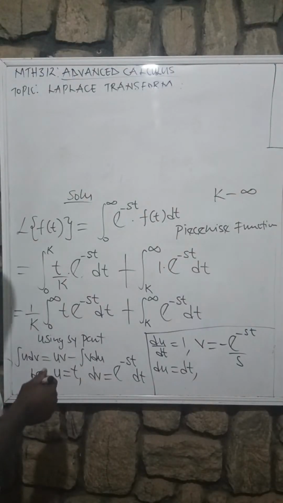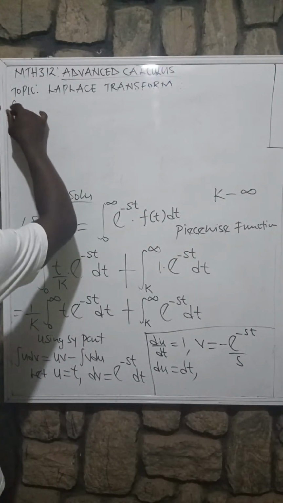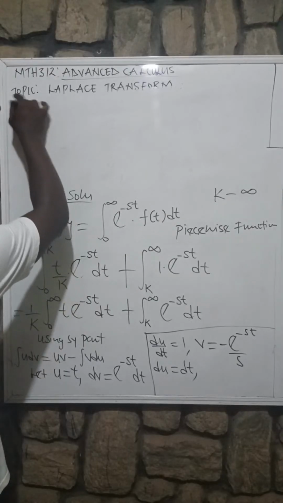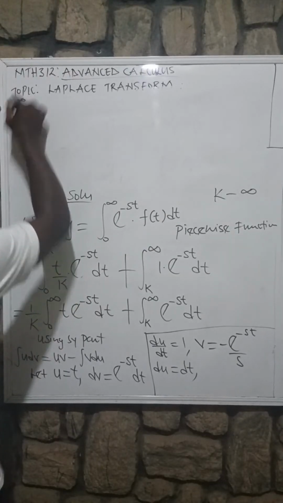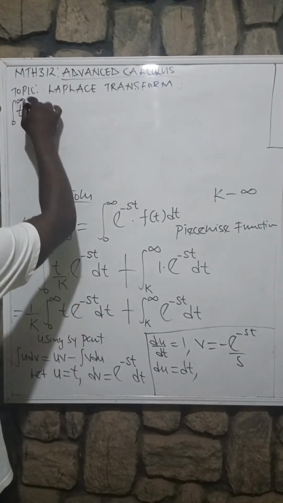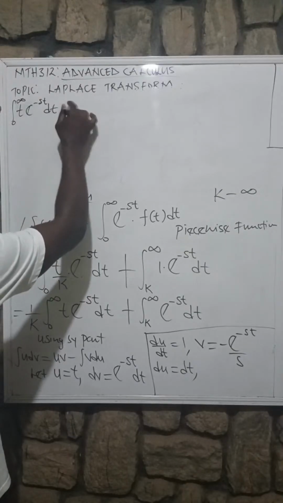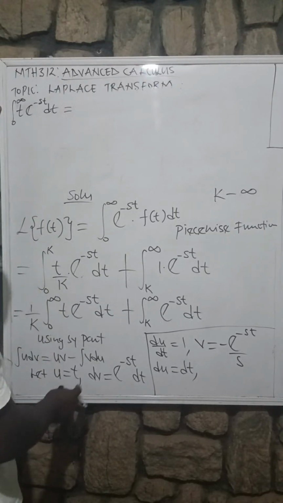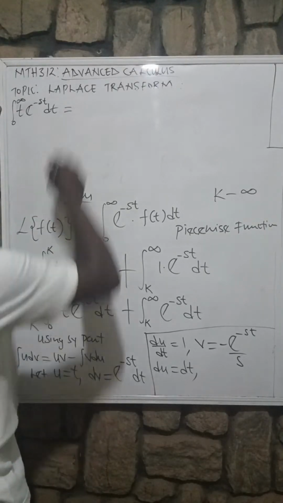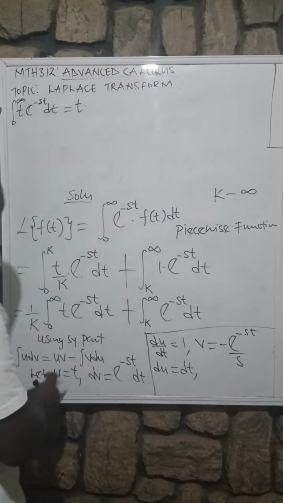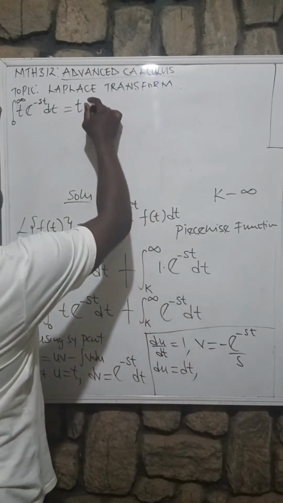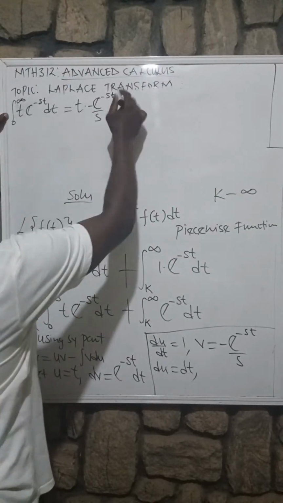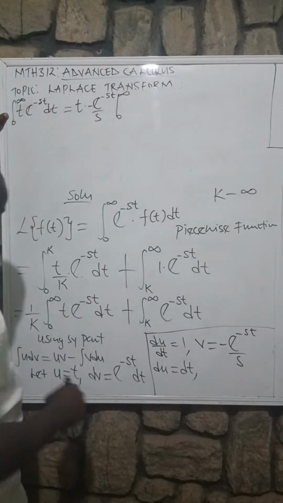So if you can see what I am saying, here is the integral from 0 to infinity of t exponential minus st dt, which is equals to, let's substitute in this. Our u is t, times our v, which is minus exponential minus st all over s from 0 to infinity.